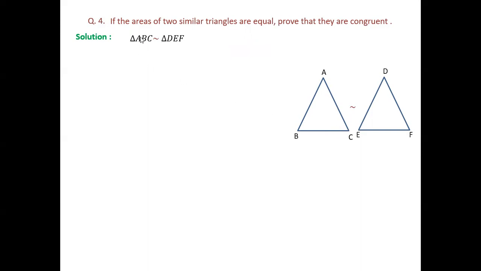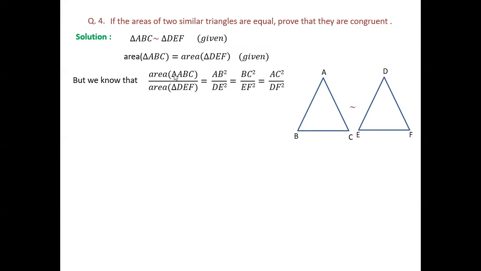So triangle ABC is similar to triangle DEF and this is given, and area of triangle ABC is equal to area of triangle DEF. This is also given. Now, we know that area of triangle ABC upon area of triangle DEF is equal to AB square upon DE square, equal to BC square upon EF square, equal to AC square upon DF square.